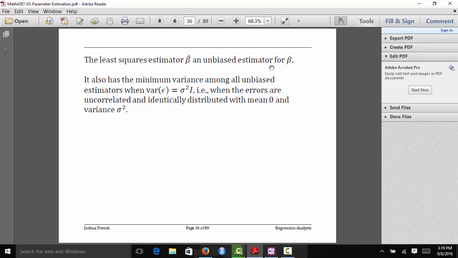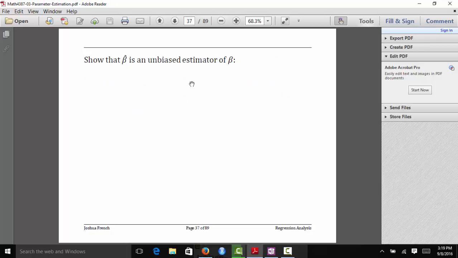And even more importantly, it also has the minimum variance among all unbiased estimators, assuming that the errors are uncorrelated with each other and have constant variance, which the mathematical way of writing that is that the variance of epsilon equals sigma squared times the identity matrix. So that is the same as the errors are uncorrelated, identically distributed, and have mean zero and variance sigma squared. So we will make use of these properties to show that beta hat is an unbiased estimator of beta.